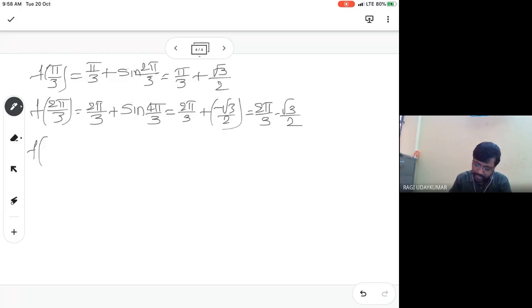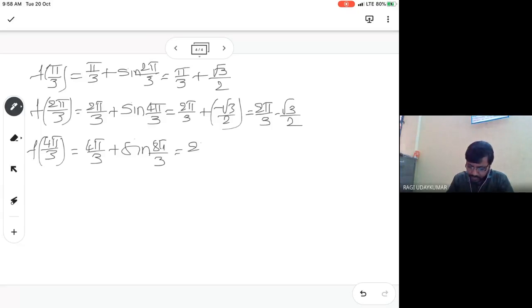Another value of f is 4 pi by 3. Substitute 4 pi by 3: 4 pi by 3 plus sine 8 pi by 3, which also has value root 3 by 2.